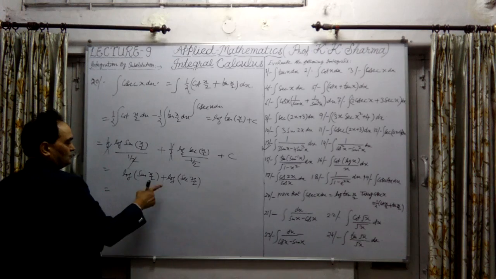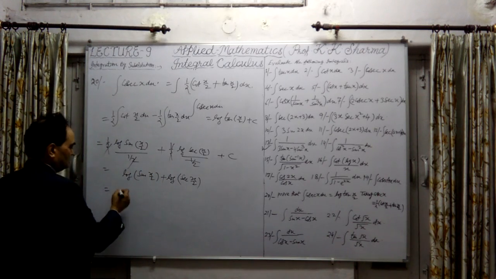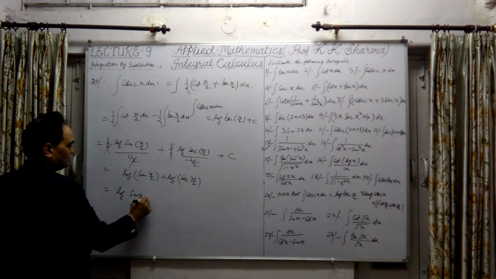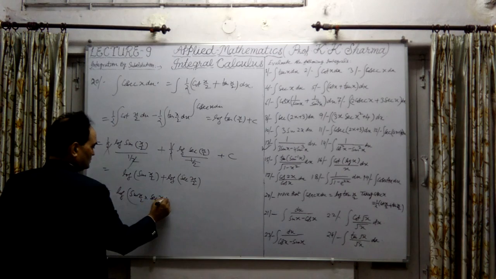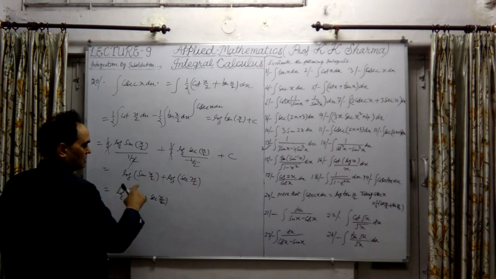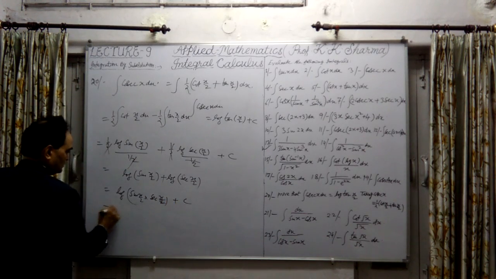Okay. Now we have to combine them. We know that log m plus log n equals log of m into n, that means log of sin x by 2 into secant x by 2, plus the constant of integration.